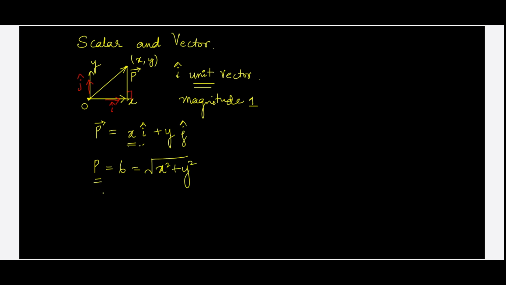Now P is the magnitude of the vector. Is it now completely defined? No, you also need to specify the direction of the vector, meaning the angle theta which it makes with the x-axis. Now let's say theta is 60 degrees.